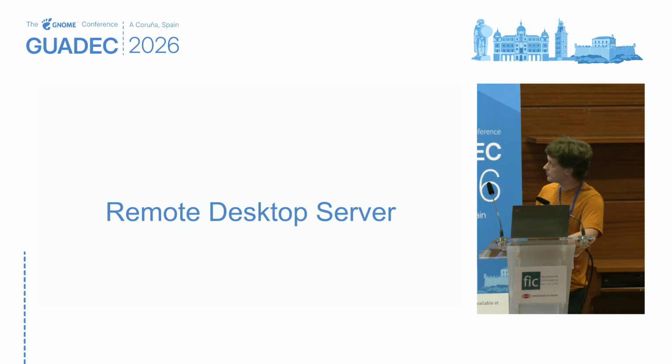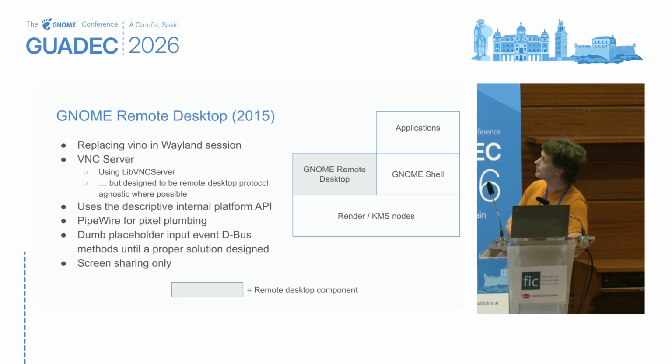And the next step here, the remote desktop server, I'm going to describe in a bit more historical manner. So back in 2015, somewhat not in the beginning of the Wayland transition of GNOME, but in the early days of the GNOME Wayland session world, we had to have some kind of way to implement a remote desktop server.